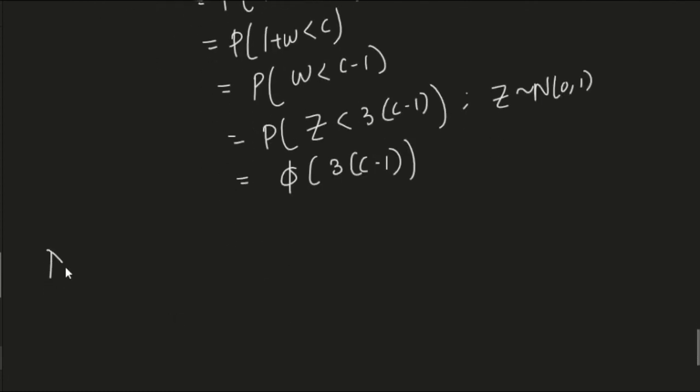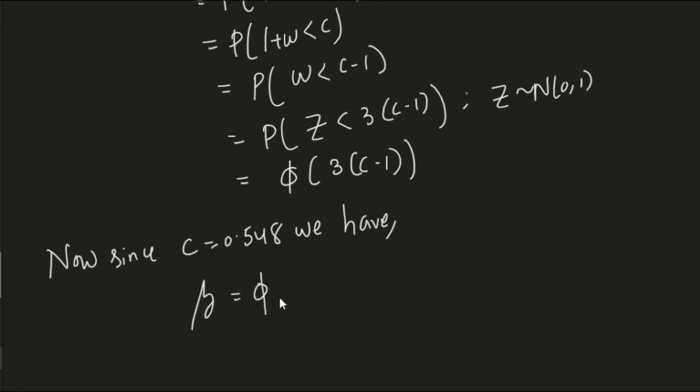And now since c is 0.548, we have beta equals 0.088, not 0.588, which completes our part C, right?